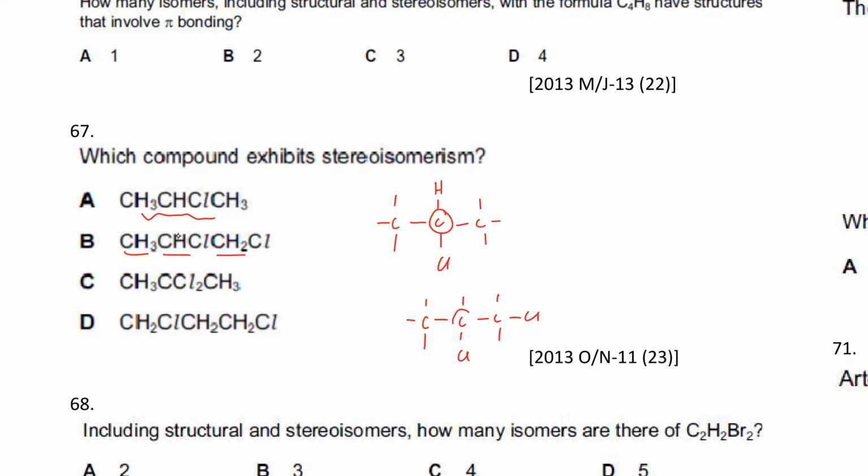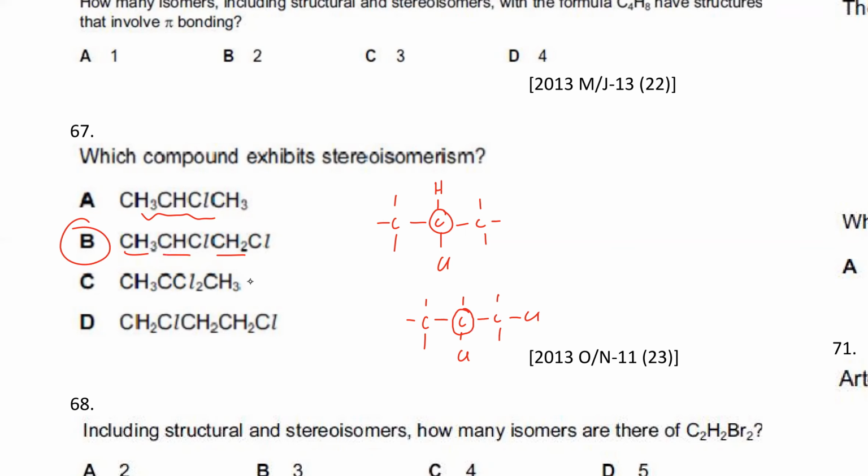Look at the carbon: CH3 on one side, H on top, Cl at the bottom, and CH2Cl on the right side. Aren't all four sides different? Yes, it is different, so it will form optical isomers, right? Okay.